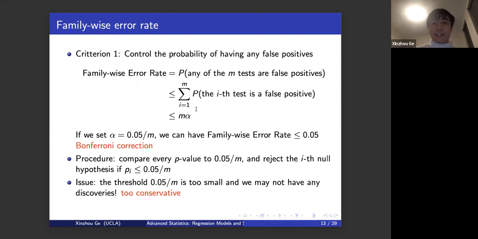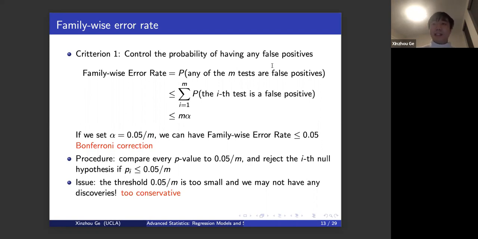So the probability that any of the tests are false positives is smaller than the sum, over i from 1 to n, of the probability that the i-th test is a false positive. So if we have n different tests, then the family-wise error rate will be smaller or equal to n times alpha.